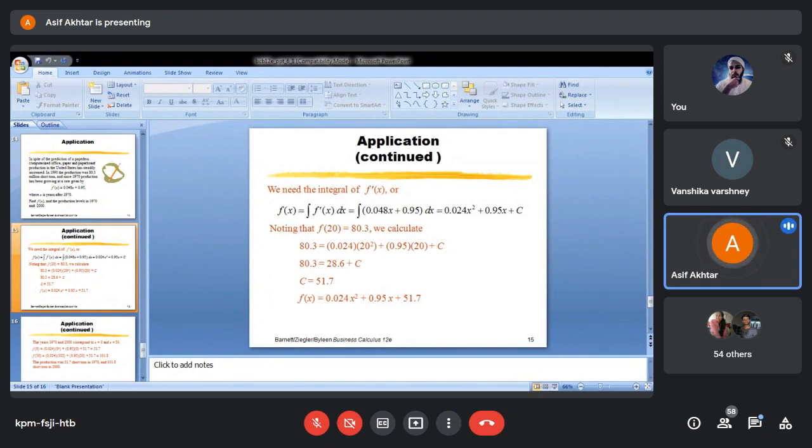Now you have the equation, and you will get the value of c, which is coming out to be 51.7. So the final function fx will become 0.024 x square plus 0.95 x plus 51.7. Are you able to understand this solution? Yes, sir.